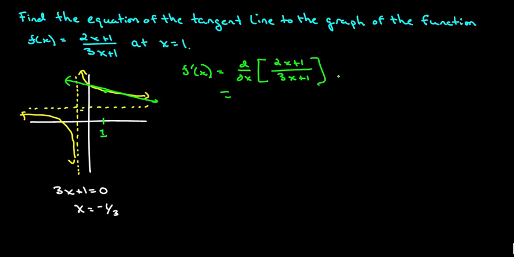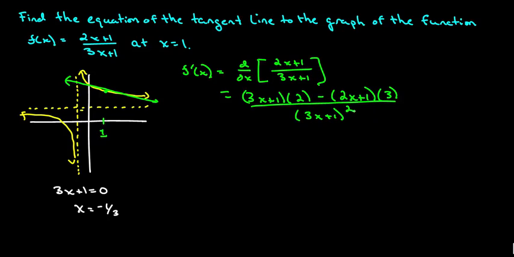So the derivative of this, I'm going to use the quotient rule. So it's the bottom times the derivative of the top, because the derivative of the top is just 2, minus the top times the derivative of the bottom, over the bottom squared.